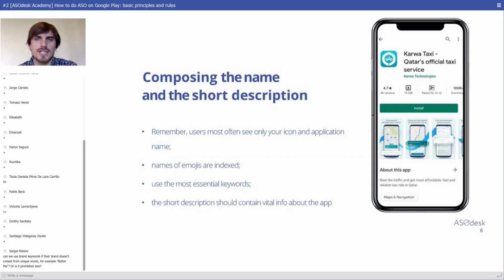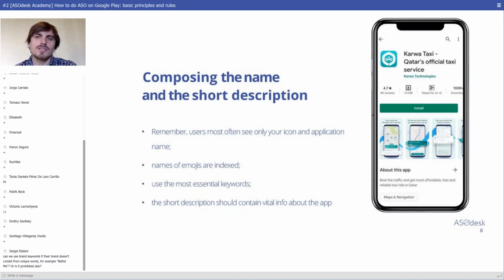There is a taxi service, a very popular taxi service in Qatar. The name is Carva. You see they have the app title Carva Taxi, so it's clear that they are using the brand name as the first keyword in their title, then taxi. Of course, this would probably be the highest traffic keyword in Qatar for looking for a taxi, and then the third word is Qatar.